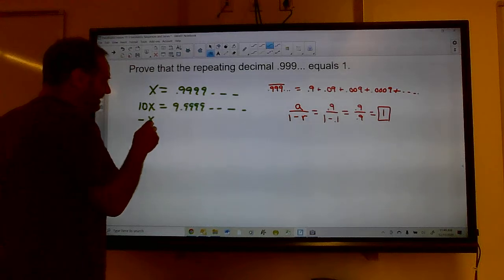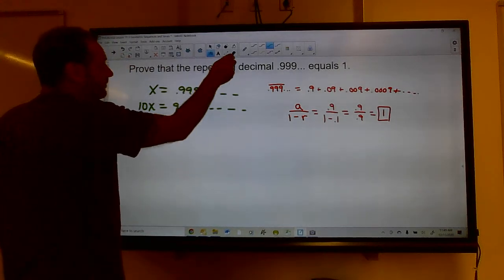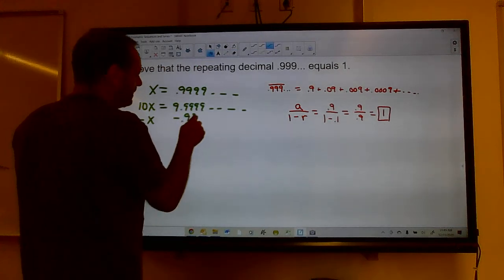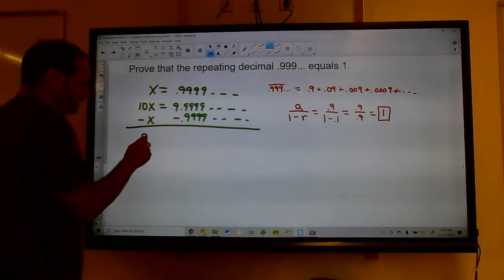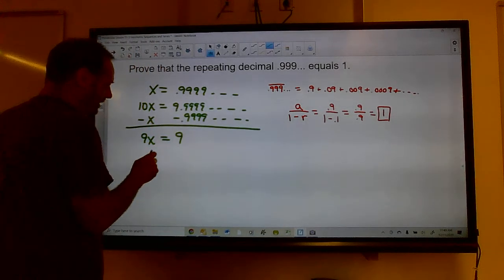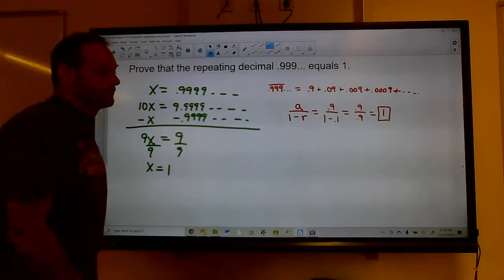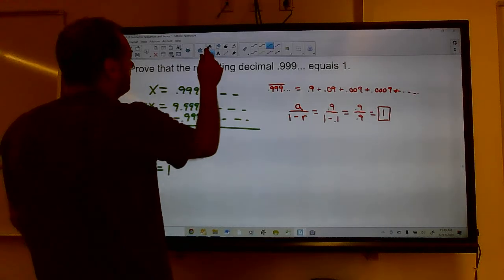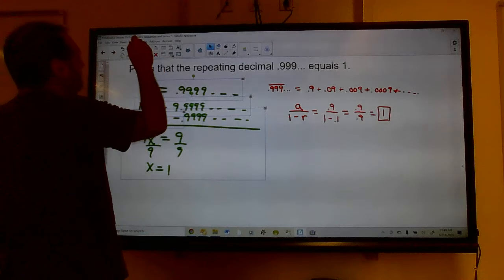So I could subtract x, and I would subtract 0.9999 forever. And I would get 9x equals 9, and then I divide by 9, and I get x equals 1. So there's a second way that you can look at it.